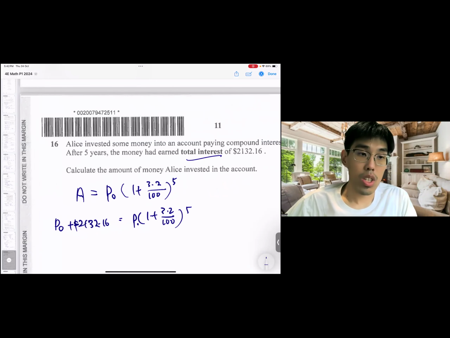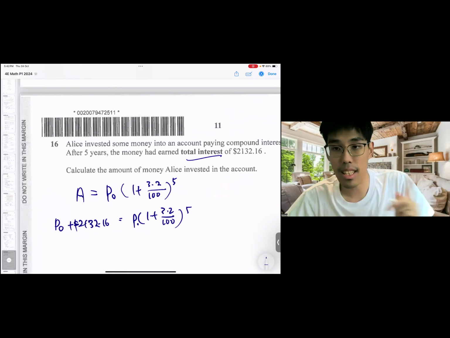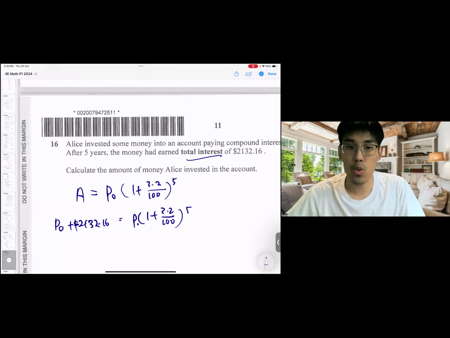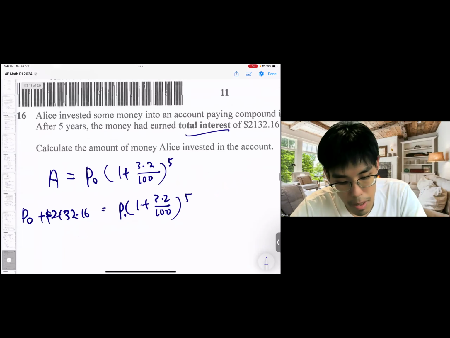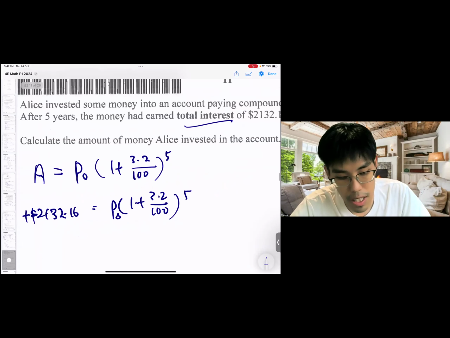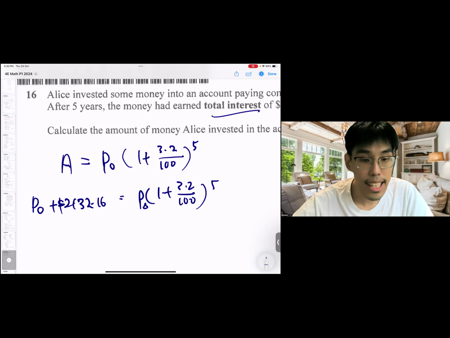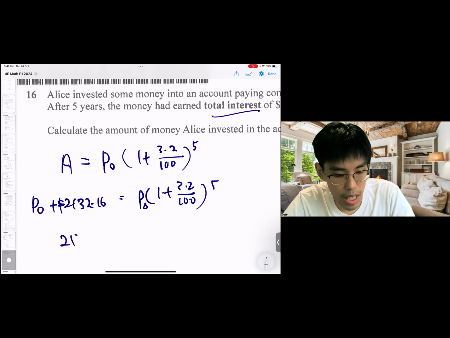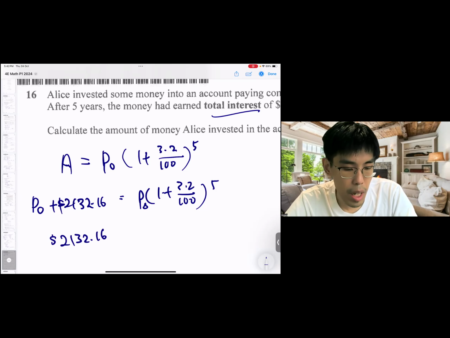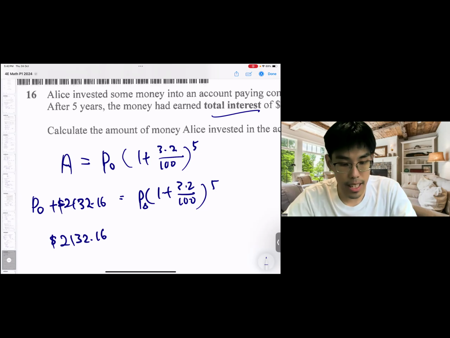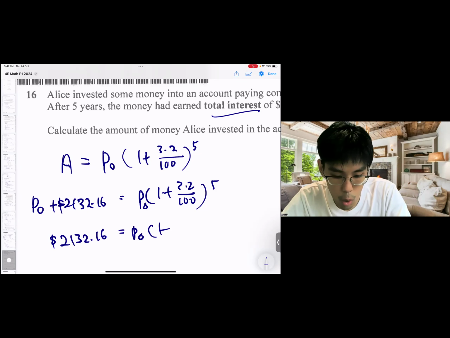Like that. So the principal amount plus the interest will give me my eventual amount. So from here it is about working out how to find the principal. What I can see is I can bring the principal amount from my left hand side over to my right hand side.